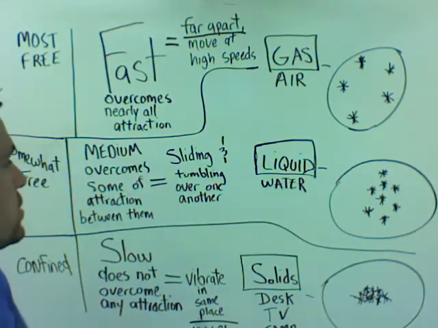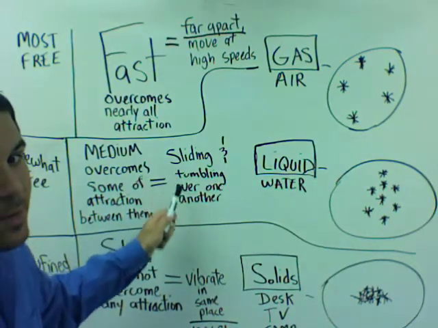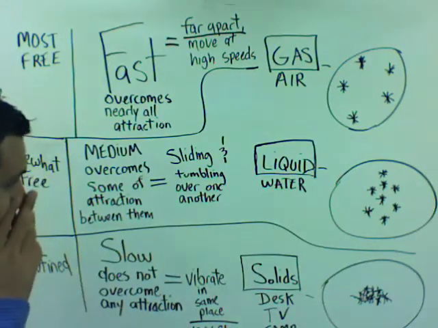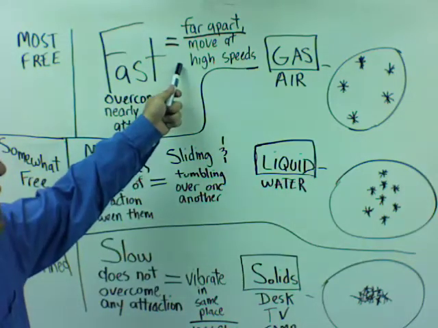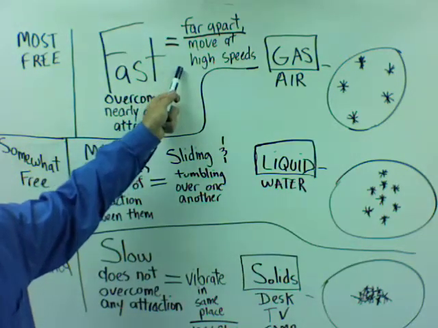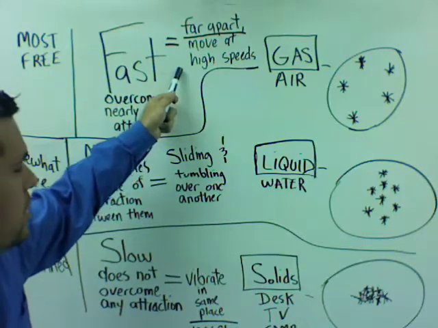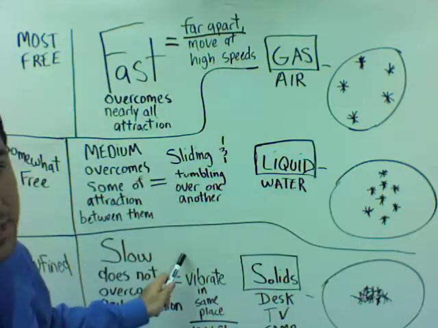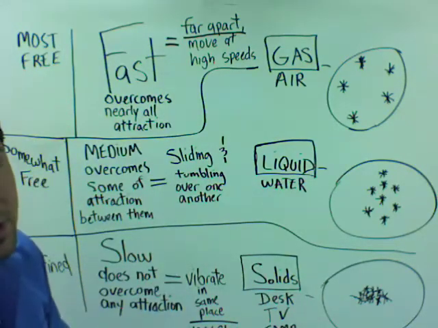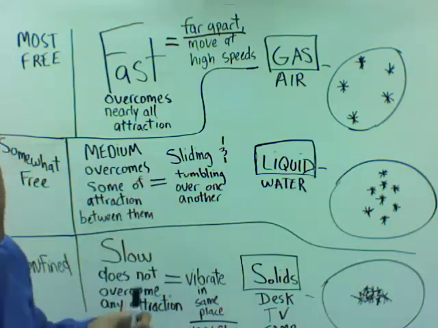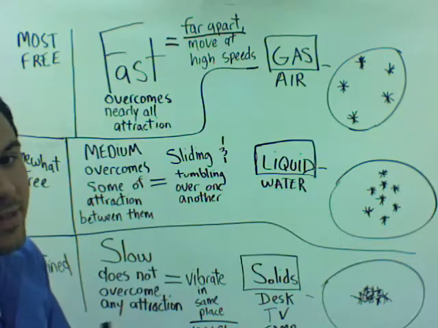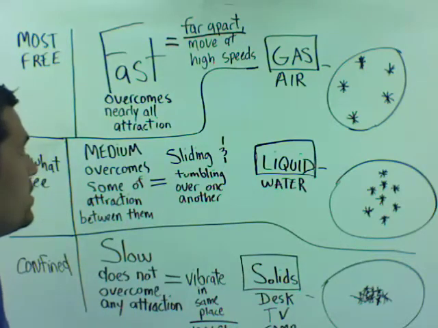Now, these particles, they're sliding and tumbling over one another. So unlike particles in gas that rarely ever interact with one another, and unlike particles in solids, which are so close to one another, always interacting, these particles are somewhat together. They're sliding and tumbling over one another.